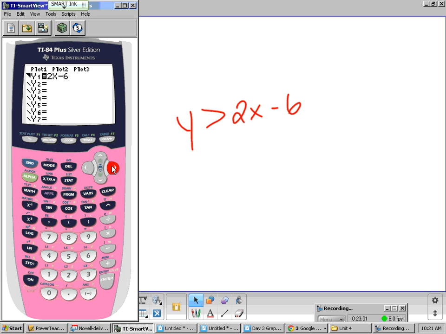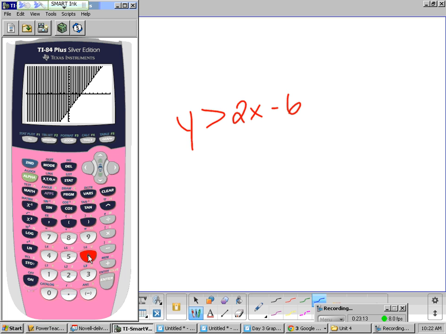I'm going to go ahead and press zoom 6 so that it will give us our regular screen back. We can see on here where our intercept is at -6, or the point (0, -6) for our y-intercept.